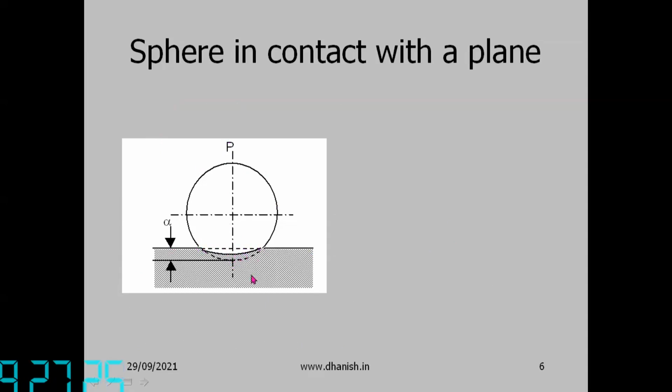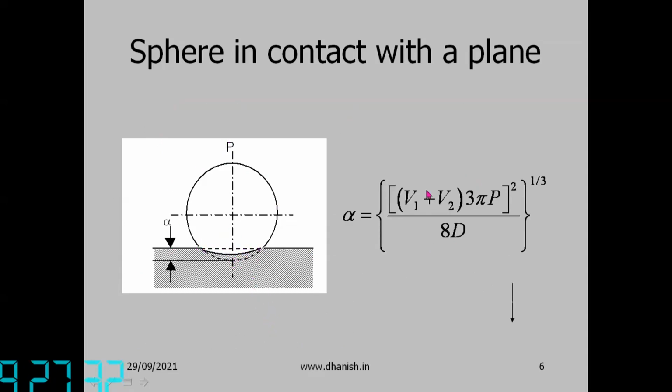Both are getting compressed: the sphere is getting compressed, the flat surface is also compressed. So in this situation, alpha is equal to (V1 plus V2) into (3 pi P)^2 by 8D, whole raised to 1 by 3. So D is the diameter of the sphere.